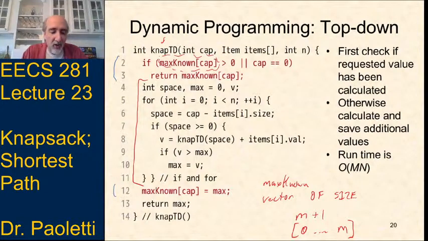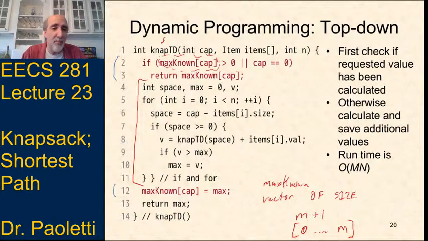Now, before we look at how it works and run through part of an example, let's look at the complexity, which is fairly easy to do. So here, we've got a loop that's going to run n times. So for any capacity, I'm going to have to run n times. But I'm never going to calculate a capacity more than once.